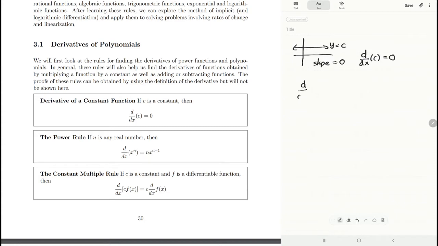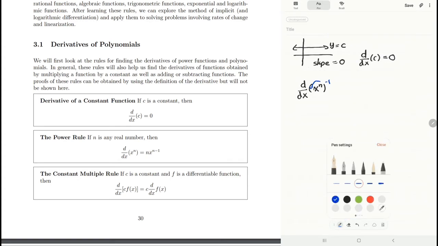So the way that you can remember this rule is to multiply the exponent in front as a coefficient, and then we subtract 1 from the exponent. And so the power rule is n times x to the power of n minus 1.